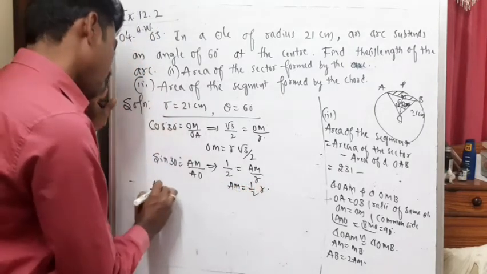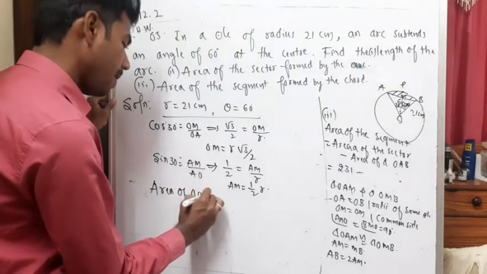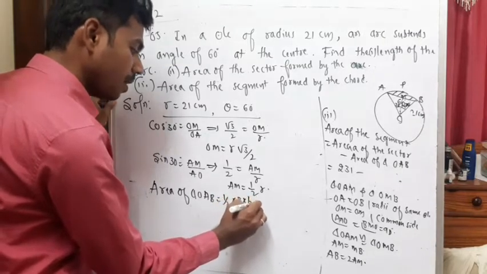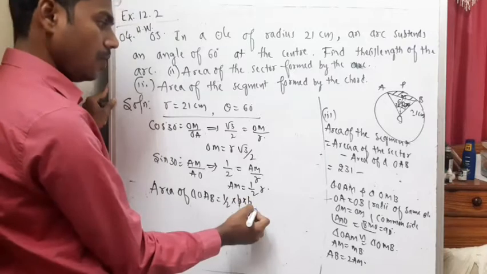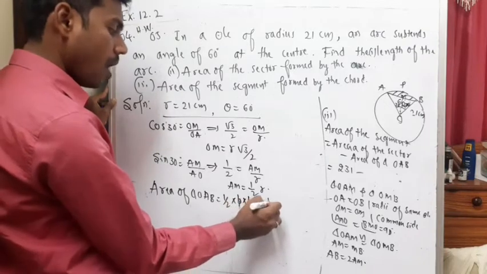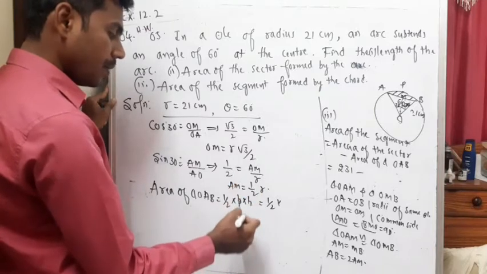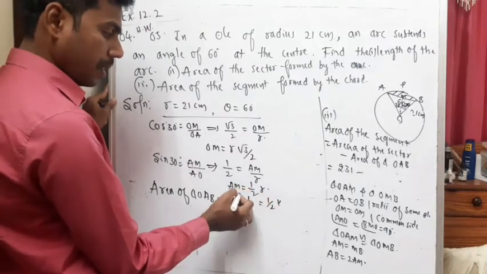Then area of triangle OAB is equal to half into base into height. What is the base? Base is 2 times AM.